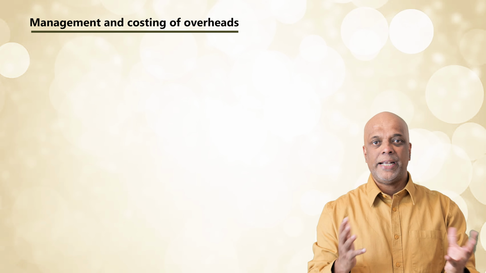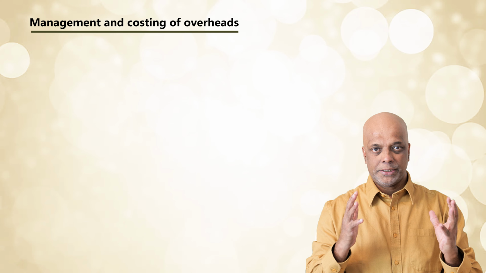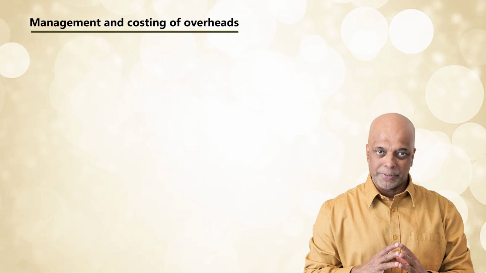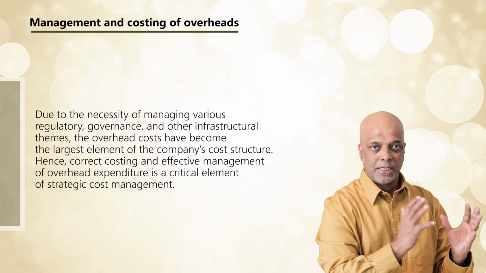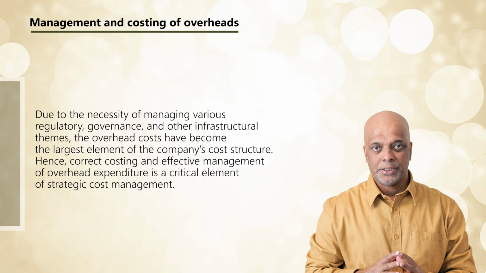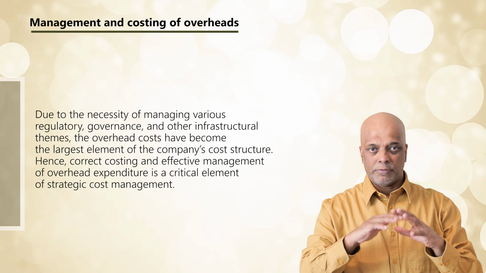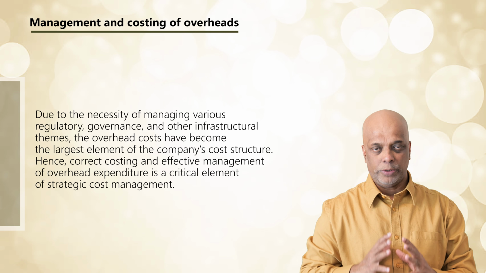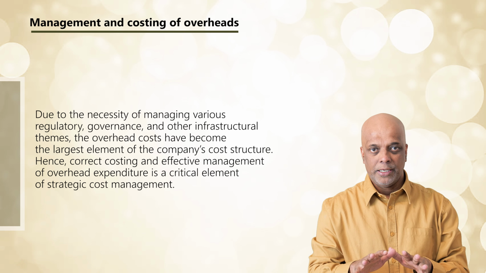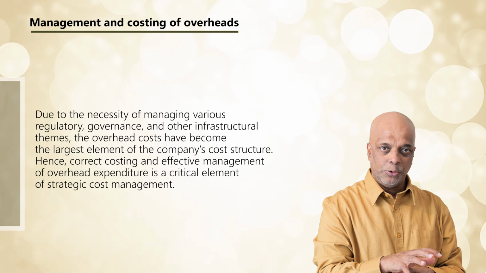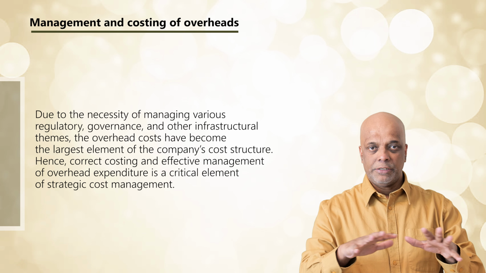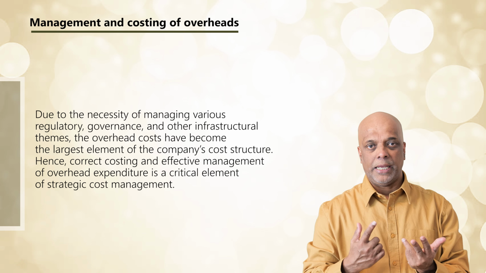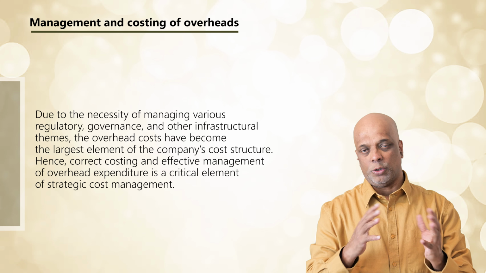Management of overhead expenses is the fourth key dimension of strategic cost management. As we discussed earlier, overhead has become one of the largest elements of the total cost structure of a company today. Companies today have to deal with various regulatory, governance, and infrastructural themes, for example, sustainability, health and safety, diversity, and so on.